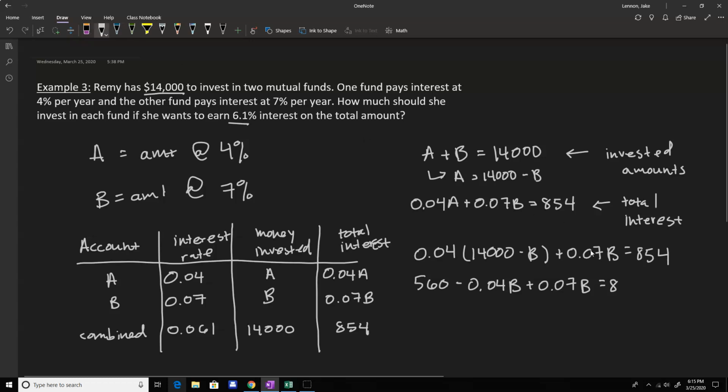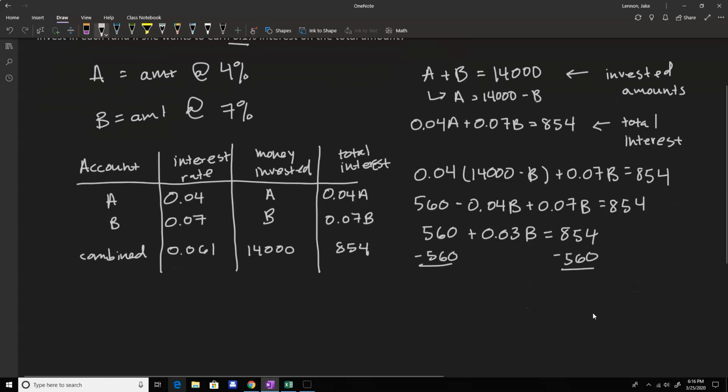So we can combine the minus 0.04 and the 0.07, so we have 560 plus 0.03B. This equals 854, and then we subtract 560 on both sides. Let's scroll down to give ourselves a little more room.